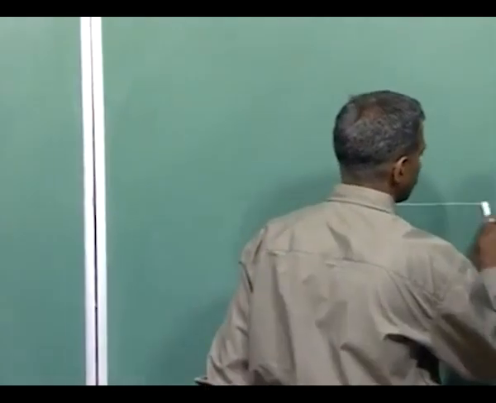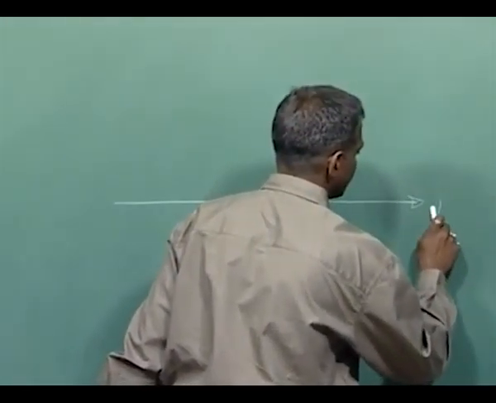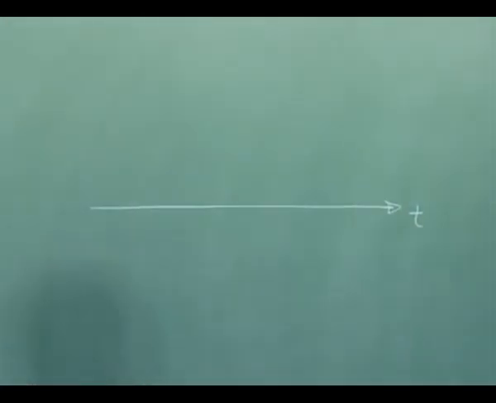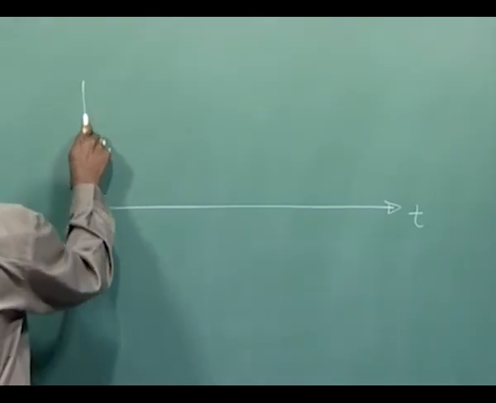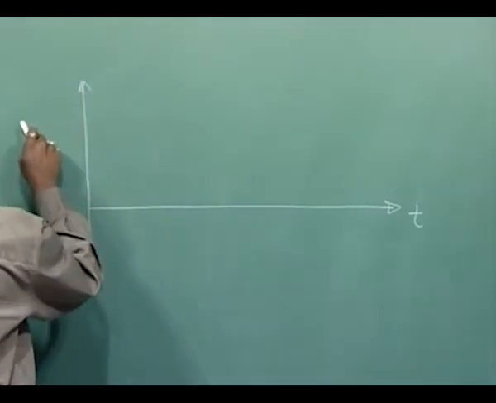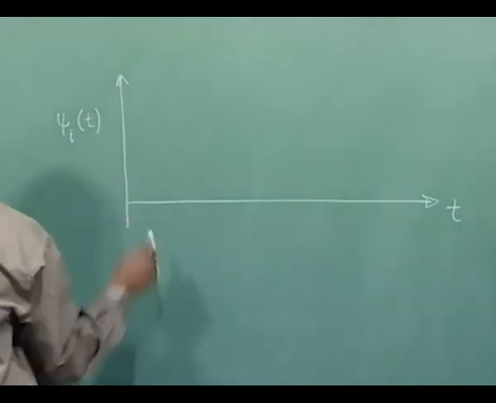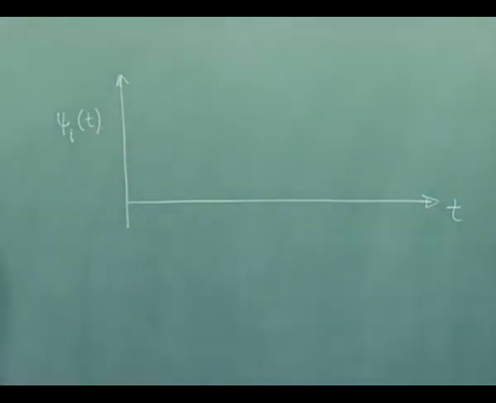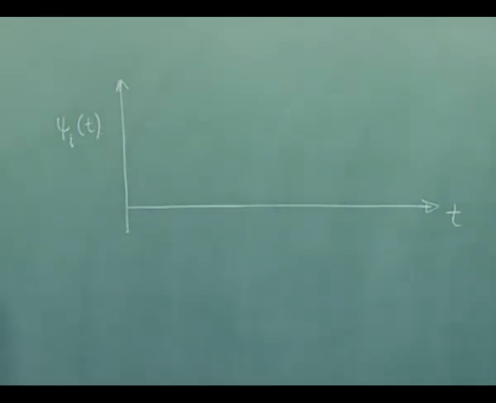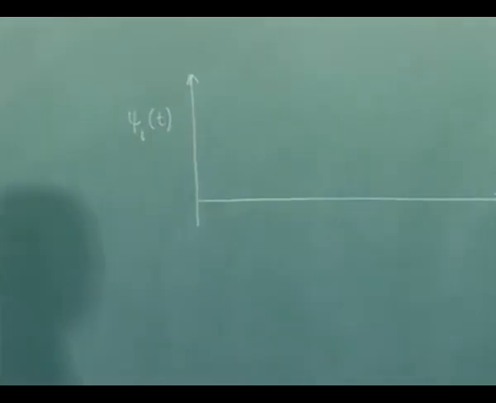I first draw the parameter axis t. I draw the vertical axis that would represent the value of psi i. So remember, I am now constructing a bell-shaped basis function, or a bell-shaped piecewise composite curve.